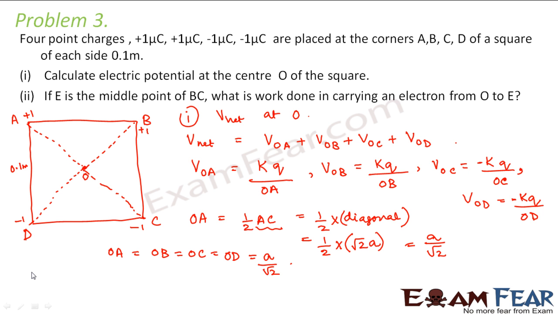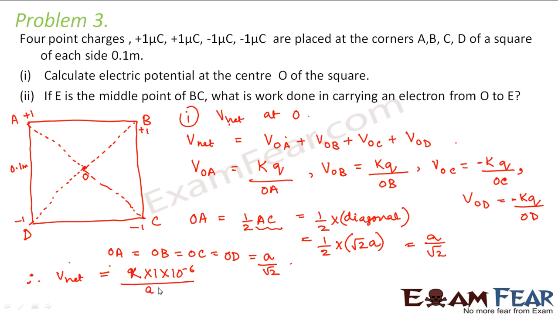Now putting this value, you can calculate the net value of potential. So that comes out to be K into Q, that is 1 into 10 to the power minus 6 divided by OA. OA is equal to A by root 2.